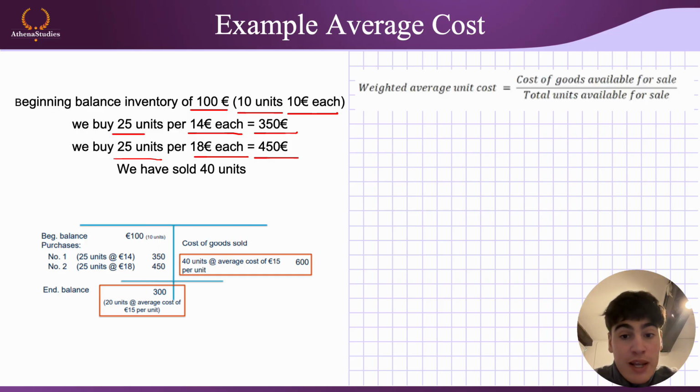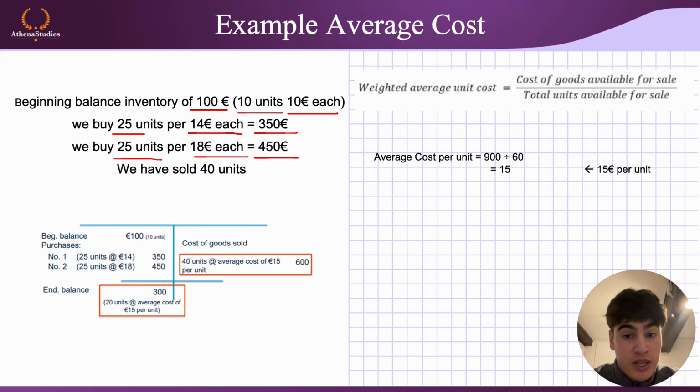So to calculate the weighted average unit cost, we need the cost of goods available for sale divided by the cost units available for sale. So this means, since we do an average price for all the units, we need the total of our inventory in euros, in this case 900 euros, divided by all the units we have.